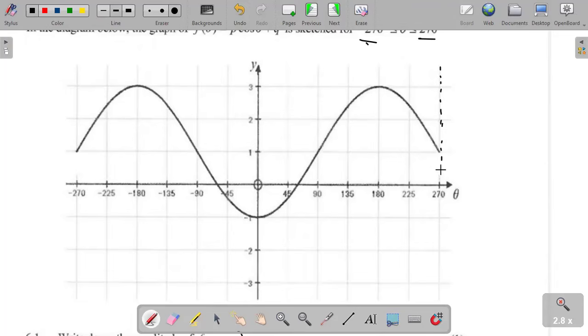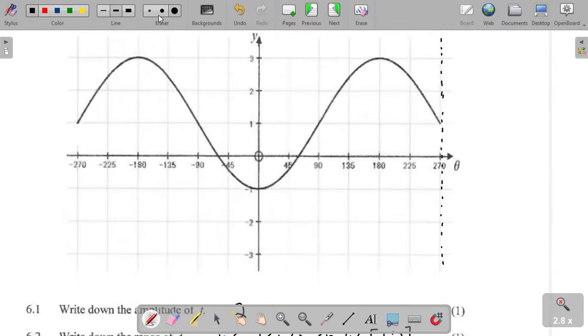There's going to be an asymptote here, meaning the line that the graph never touches. And then at 90, there's also going to be an asymptote.